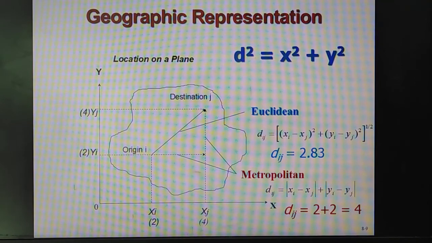So this is the geographical representation difference between Euclidean, in which you just need to take this distance, whereas in the Manhattan you need to take both, the x and also the y, to go from origin I to destination J.